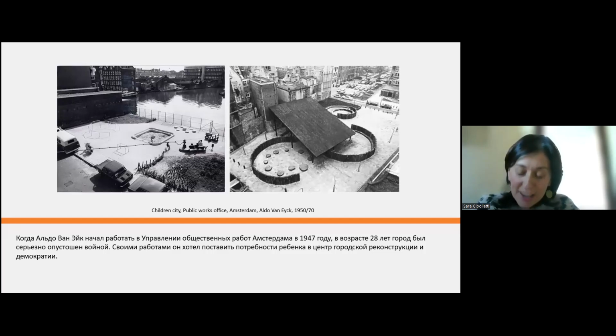So Aldo van Eyck is a young architect at the age of 28 years old, and he noticed the cities that had been seriously devastated by the war. So he started to work with another point of view, starting from the child, starting from children and young citizens. So through his work, he wanted to place the need of the child at the center of urban redevelopment and of democracy.